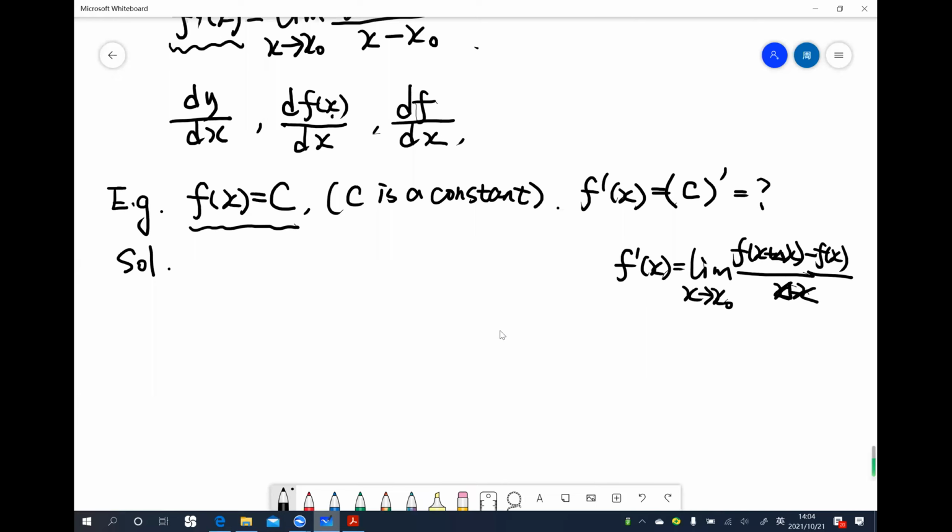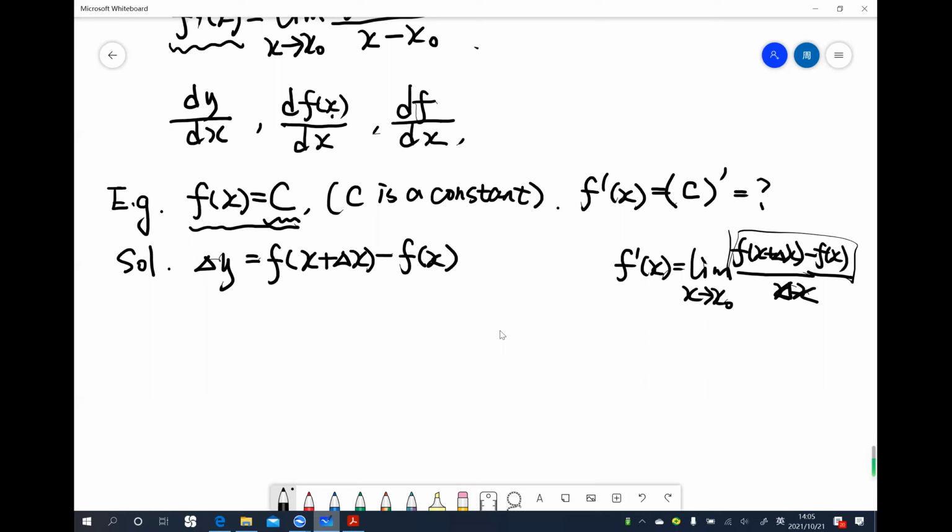The first step we have to calculate here is delta y. As we have read, delta y equals f(x plus delta x) minus f(x), right? So here we know this is a constant function.